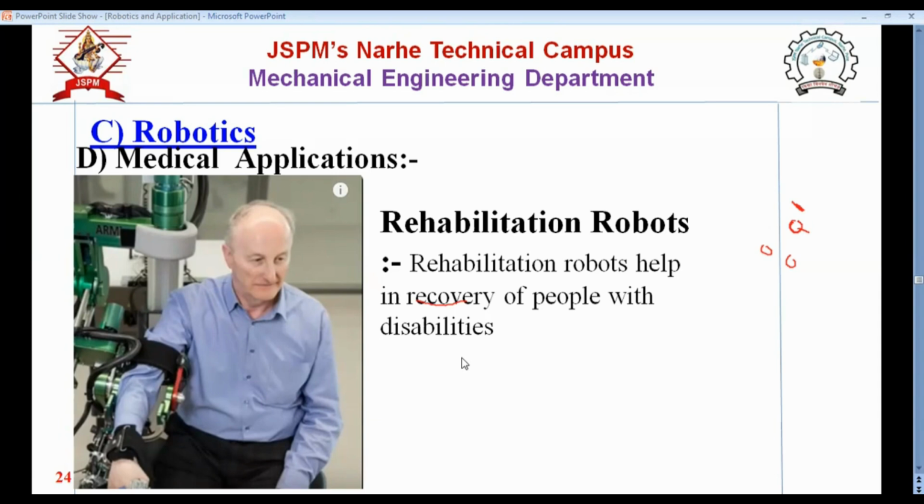They also help them to walk. Sometimes there may be some neurological problem, and a particular exercise is suggested by the doctors. So the physiotherapy can be performed with the help of robots. Robots are also used here. Please understand.